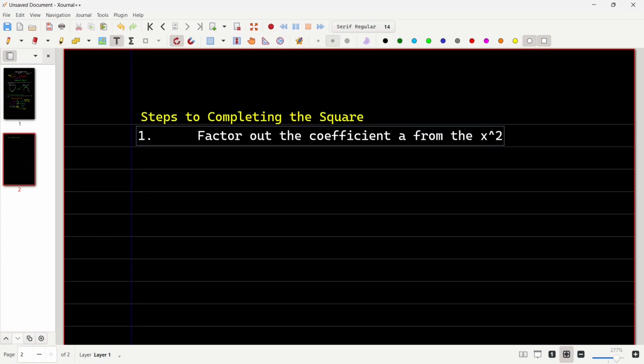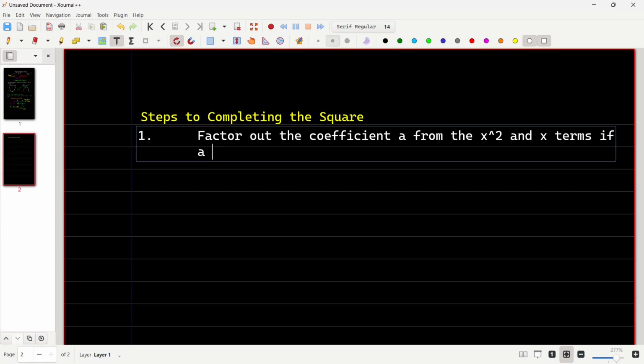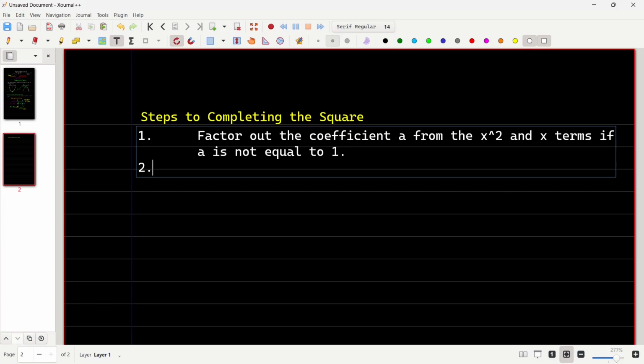I'm just going to write it like that, x to the power of 2, and x terms if a is not equal to 1. Right? The second thing we're going to do is we're going to divide the coefficient of x by 2 and square the result.